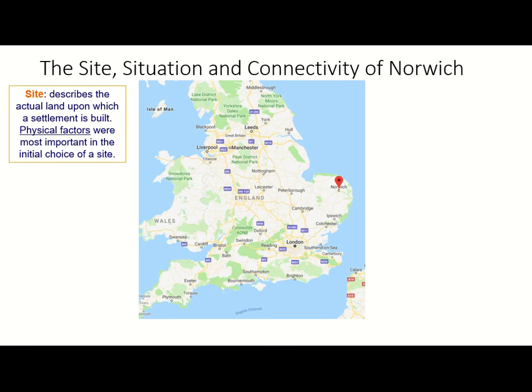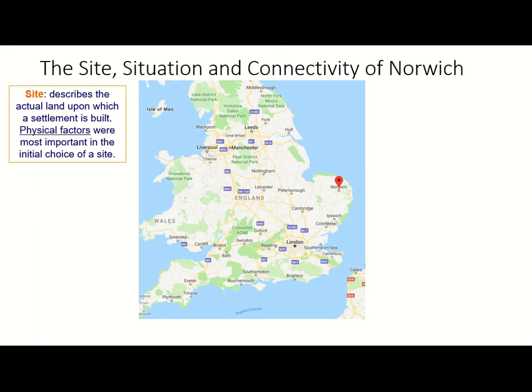But the site of Norwich, and this is the definition of a site in general, so get this down as your generic term. The site describes the actual land upon which a settlement is built. So the particular place where they decided to put Norwich, when they first put Norwich there, that's the site. The physical factors are the most important thing when determining where you're going to place your next settlement.